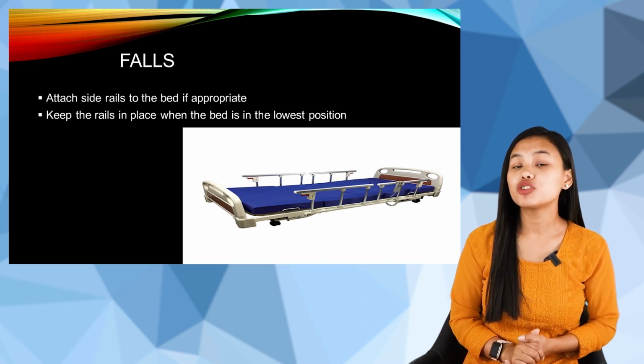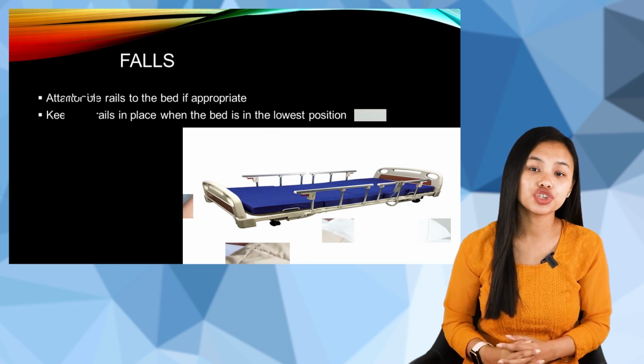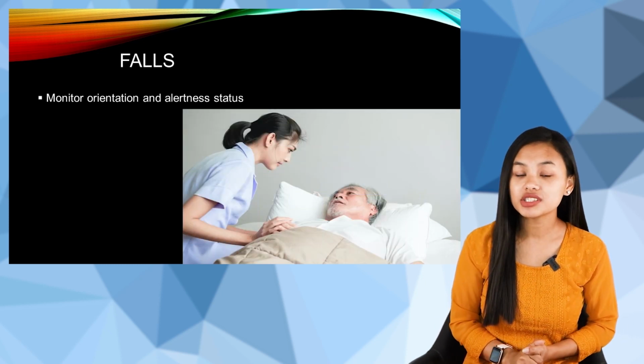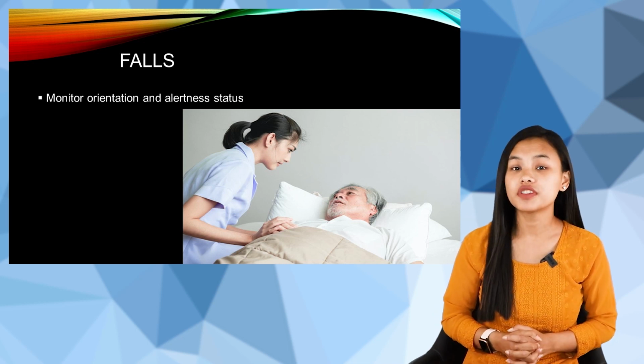Not only that, but you should also keep the rails in place when the bed is in the lowest position, and always monitor the consciousness, alertness and orientation of the client. So these are the safety measures that you as a nurse need to educate the client about, in order to help them reduce cases of falling.